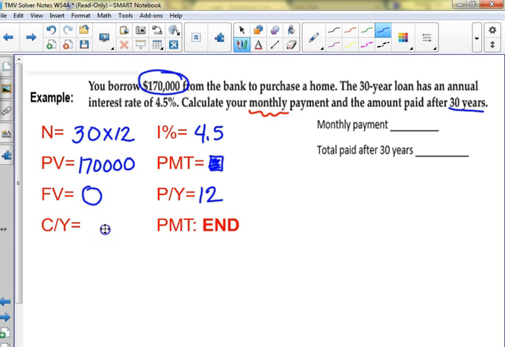Okay, it's a monthly payment, so we're going to do 12 and 12. I don't think you'd want to pay once a year for 30 years. It says monthly payment amount. Do you see that now?